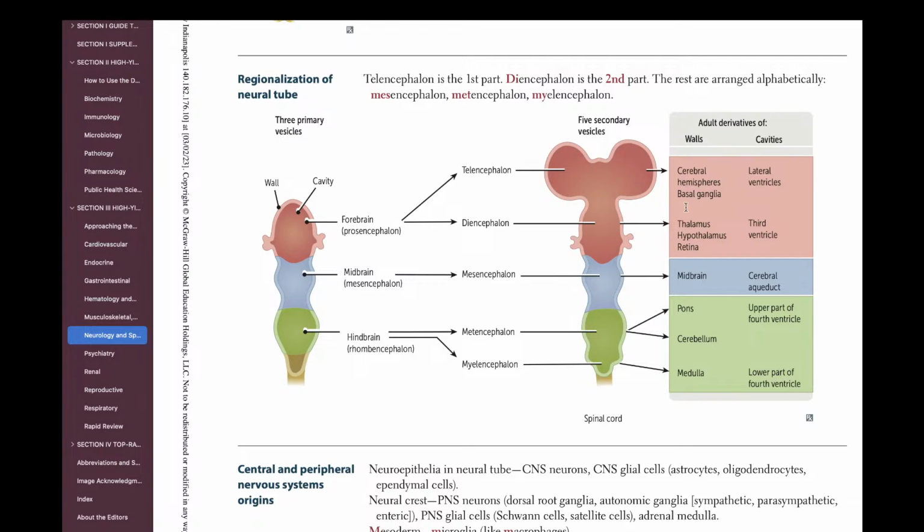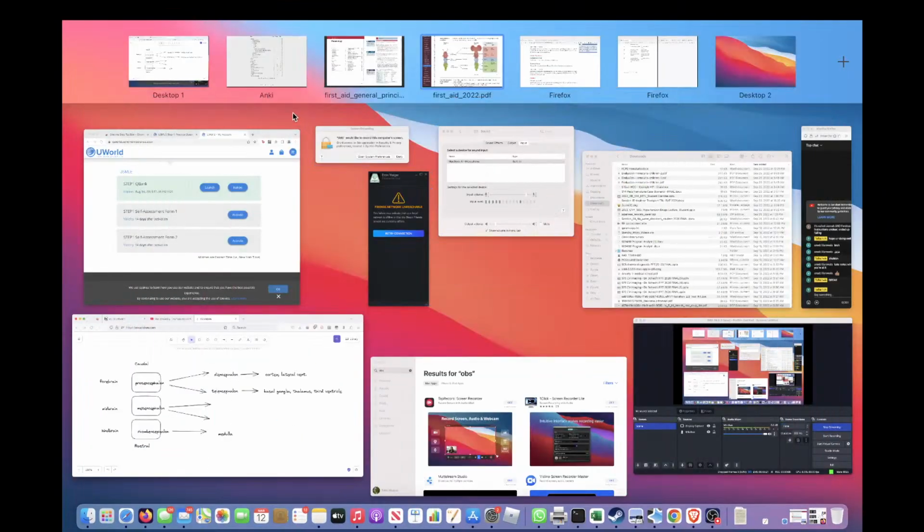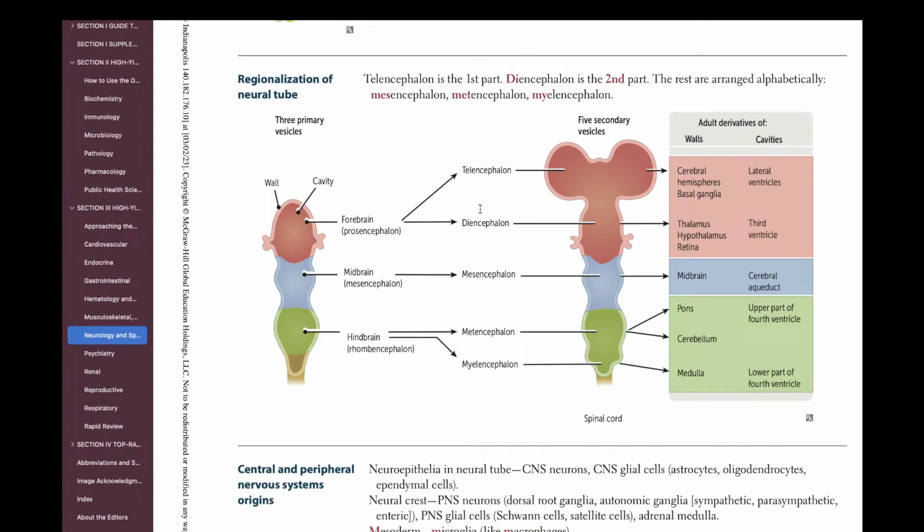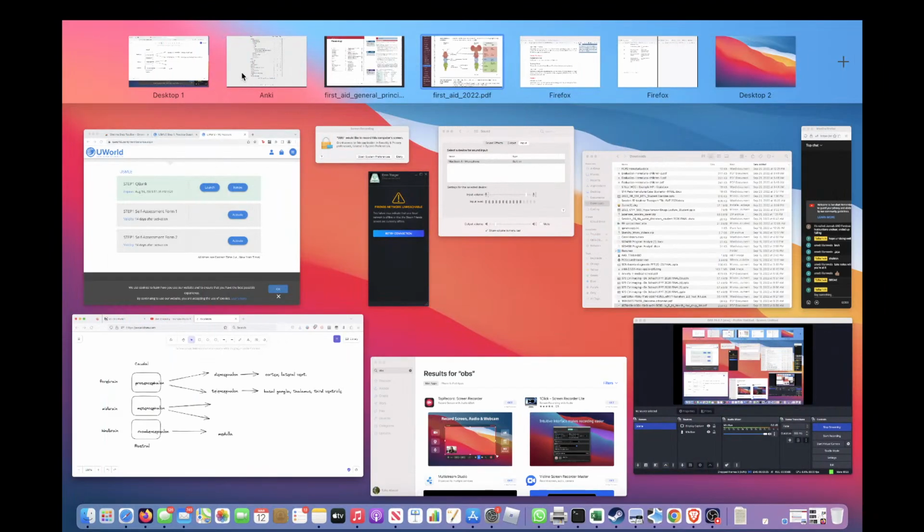The basal ganglia and the hemispheres are from the telencephalon. So telencephalon, diencephalon, mesencephalon, metencephalon, myelencephalon. Telencephalon is the first, di is 2, and the rest are arranged alphabetically: mesencephalon, metencephalon, and myelencephalon. Okay, got you.